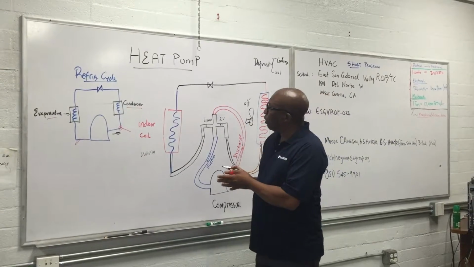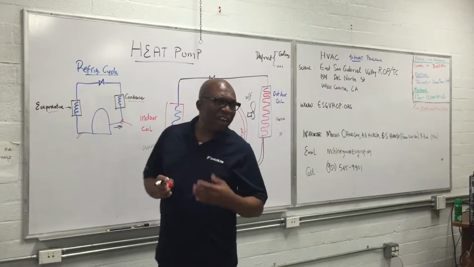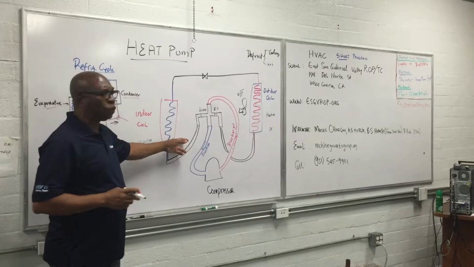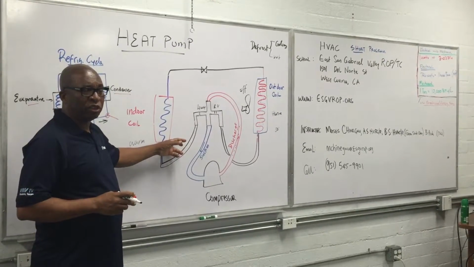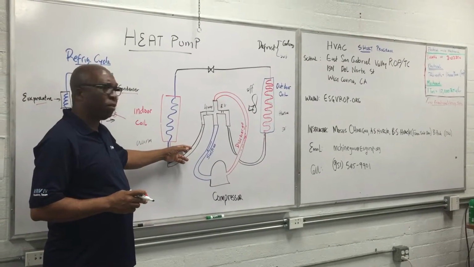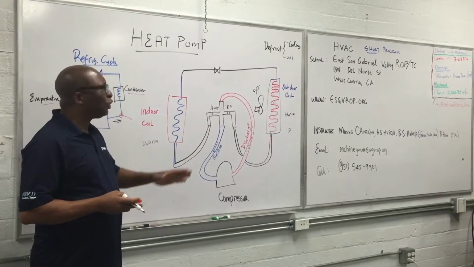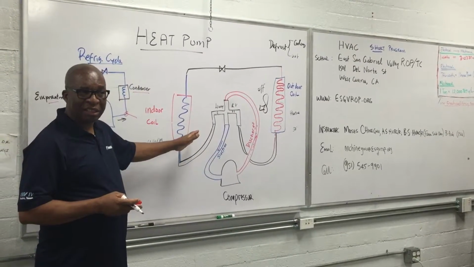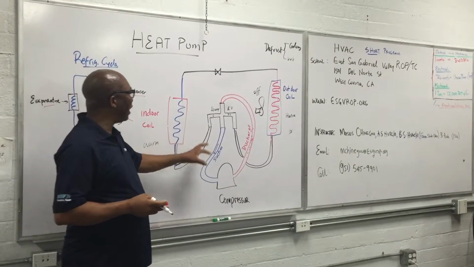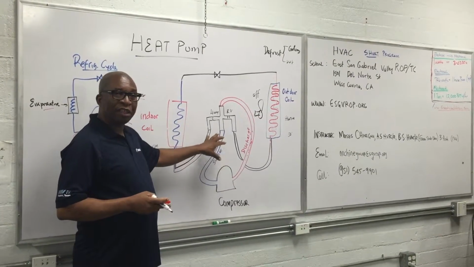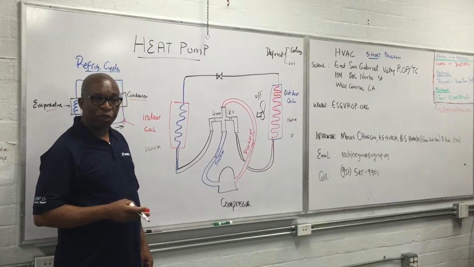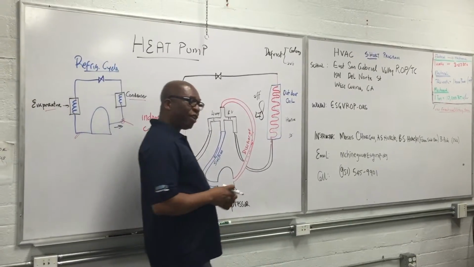It's very simple, but if you don't have enough knowledge of how this works, it's going to be a challenge on the job. So with this type of situation, there are so many safeties and so many other sensors that come along with a heat pump to help the equipment perform very well.